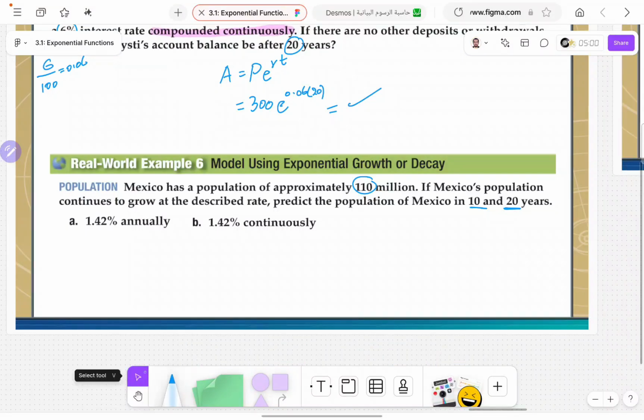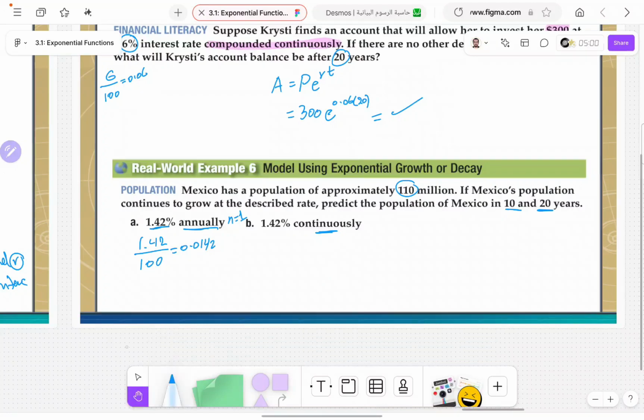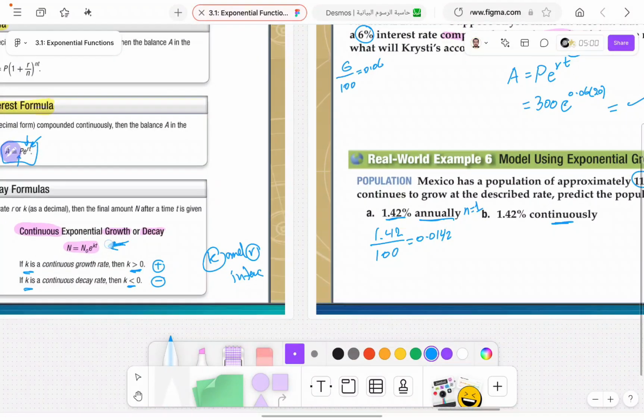We need to find it after 10 years, and he gave me the rate of growth, which is 1.42, so we also need to divide by 100, which equals 0.0142. Here it says annually, and annually means n is equal to 1. For continuously, we need to use the other formula, which is this one here.